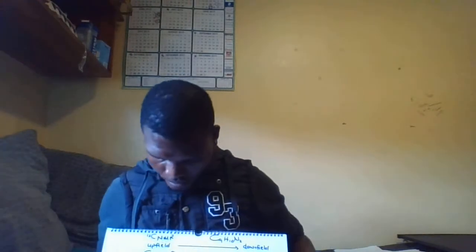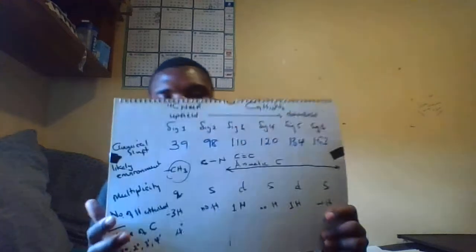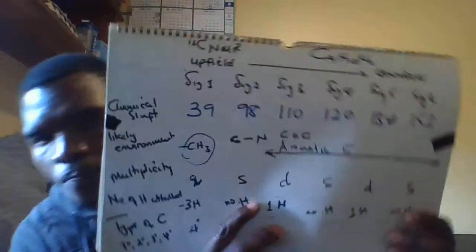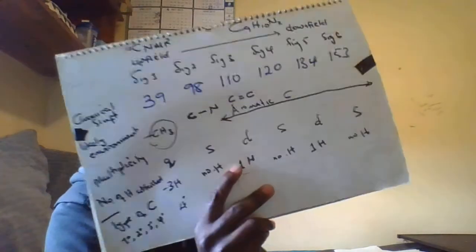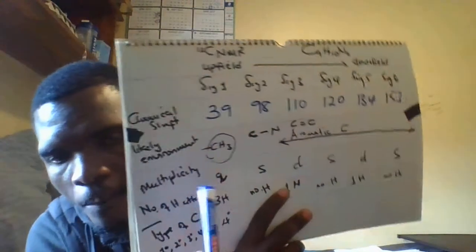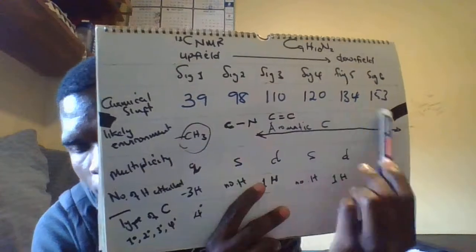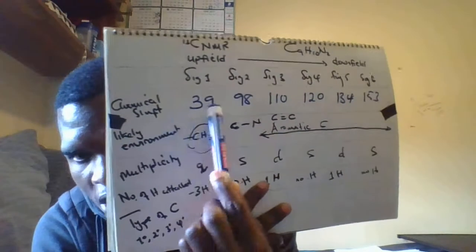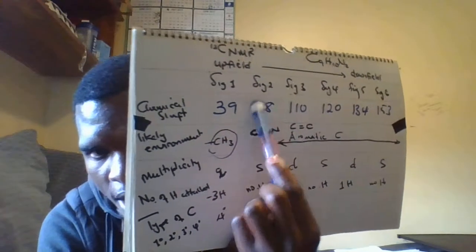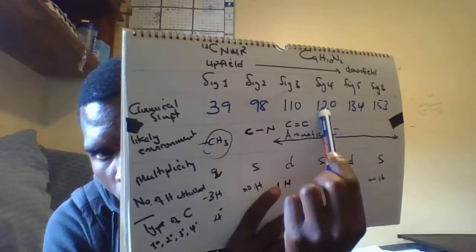Okay, just a moment. Okay, there we are. So these are the chemical shift values that I managed to deduce from the chart. We have chemical shifts at 39, 98, 110, 160.